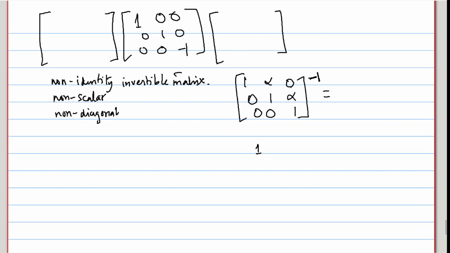Adjoint of this will be 1, minus alpha, 0, and alpha. Alpha is coming, right? This one will be 1, this one will be 0, this one will be alpha square, and this one will be alpha.